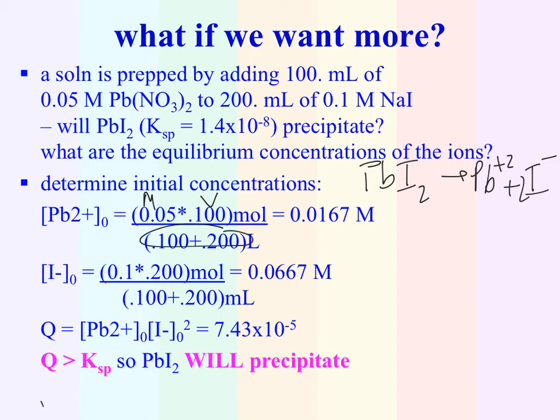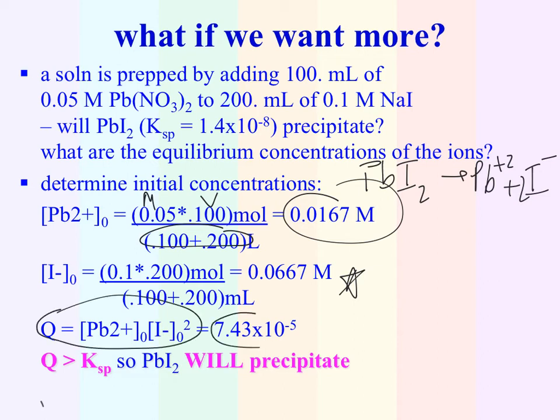We divide by the total volume of the two solutions added together, and we get our initial concentration of lead ion. We do the same thing for the iodide ion, and we get those initial values. We plug them into the expression that we see here, and we get our Q value. In this case, Q is bigger than Ksp, so lead iodide is in fact going to precipitate.